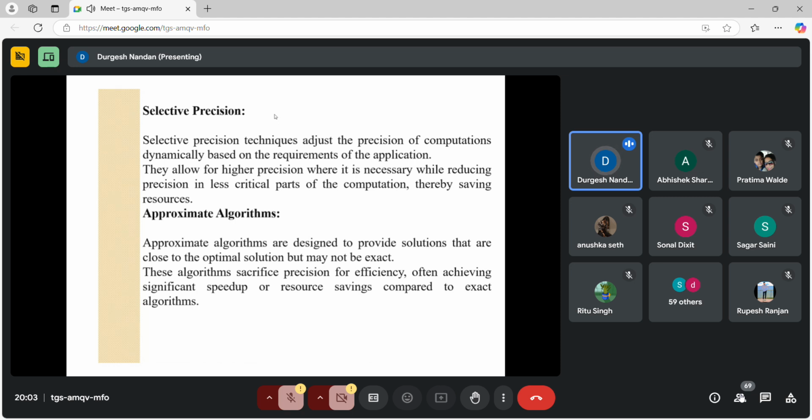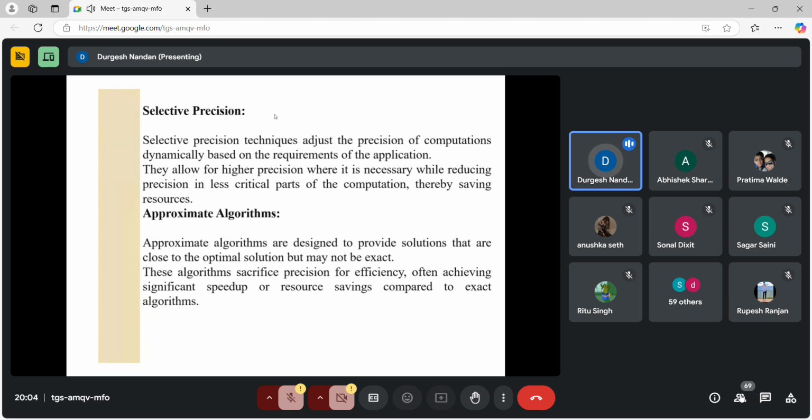Many times there is an application which can give the result with 80% efficiency or with 100% efficiency. That changes the hardware requirements, and definitely it is used to minimize power consumption.